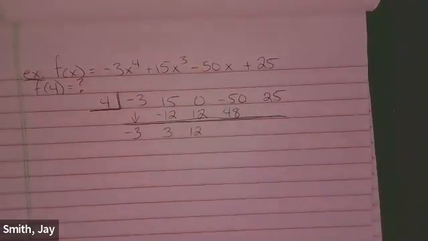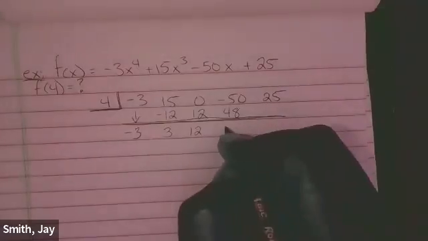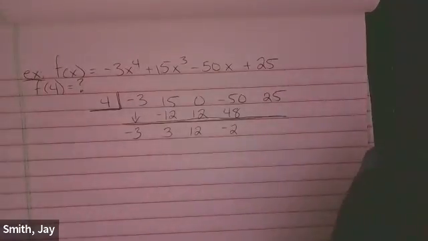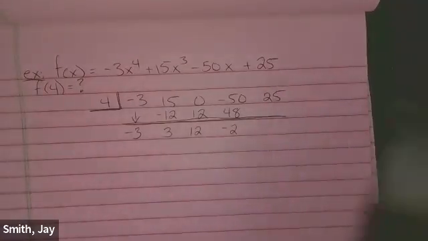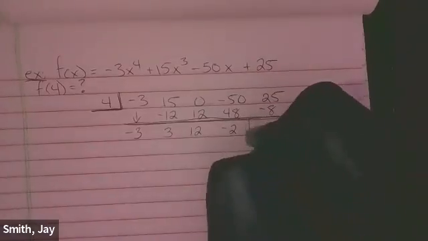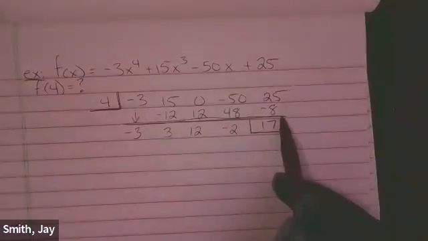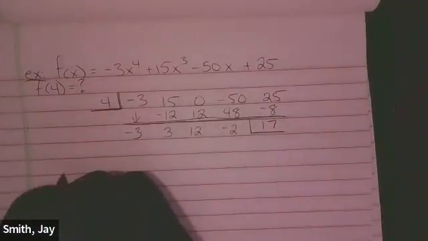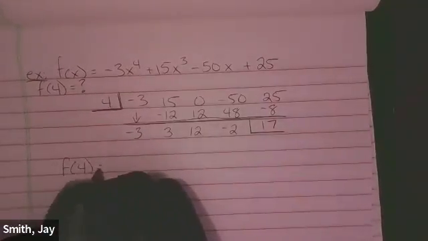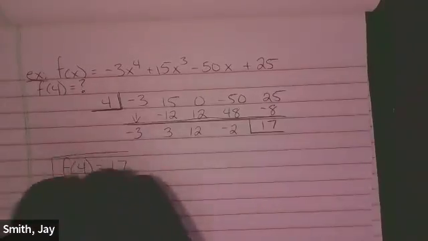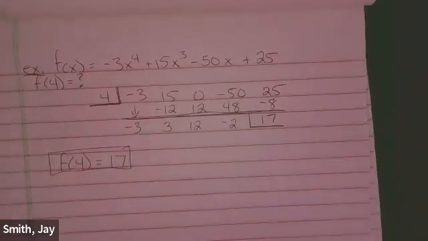Negative 50 plus 48 will give me a negative 2. Negative 2 times positive 4 gives me a negative 8. And 25 plus a negative 8 gives me 17. Because 17 is my remainder, by the remainder theorem, f of 4 is equal to 17.